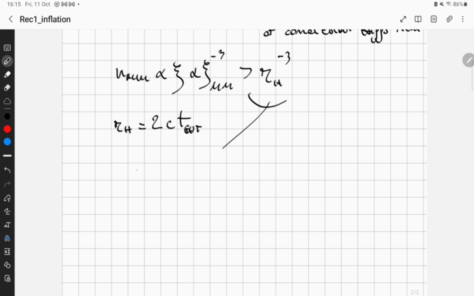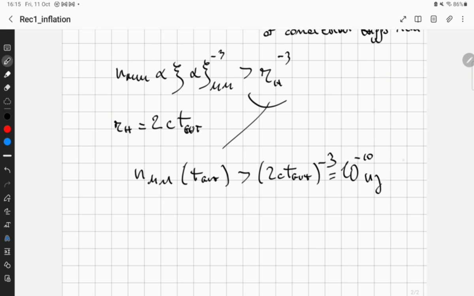And so this writes as: n_MM at the GUT time is bigger than 2 c t_GUT to the minus 3, which equals 10 to the minus 10 n_gamma at t_GUT, where n_gamma is the numerical density of photons.